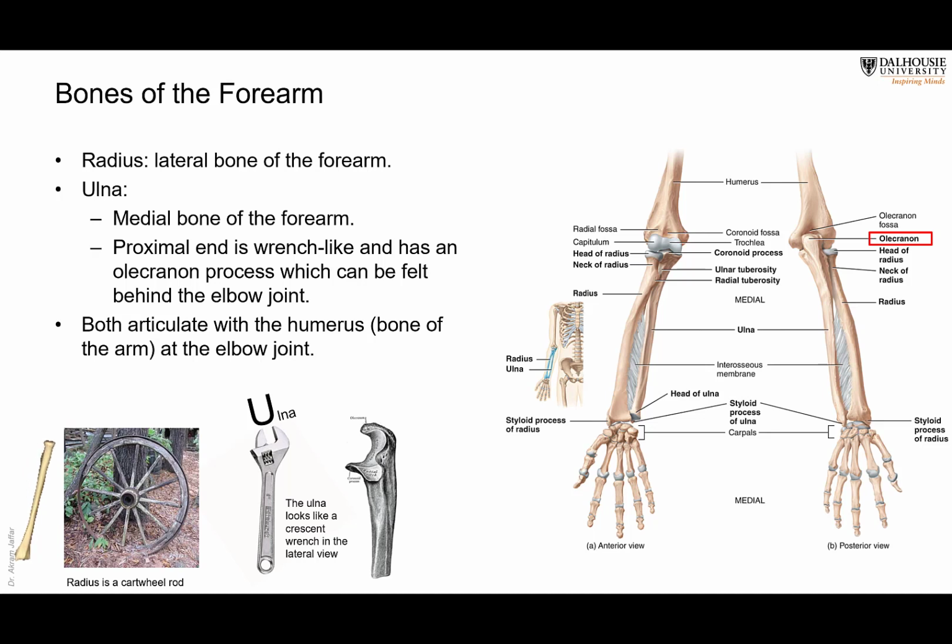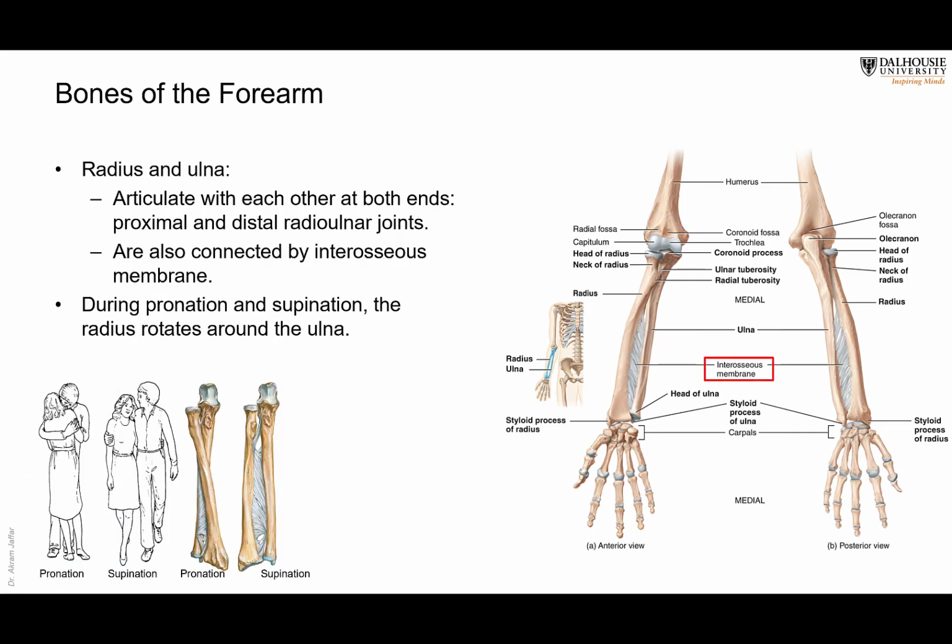It also gives you an indication that although both of them participate in the formation of the elbow joint, because of the wrench-like shape of the proximal end of the ulna, the ulna will not be able to rotate around itself, while the radius has a flattened discoid head proximally, so it is the bone that can rotate around itself in the movement of pronation and supination.